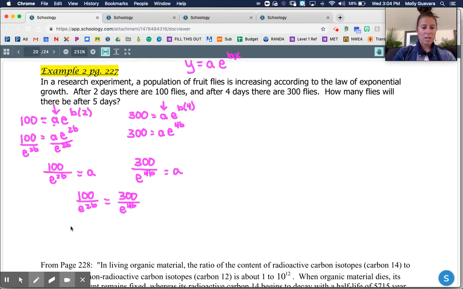So I'm going to cross multiply, because I'm trying to get everything onto one line and I don't like fractions. Okay, and then I have 200. Oops, sorry, I don't know where I got the 200. Definitely a 3. 300 e to the 2b.